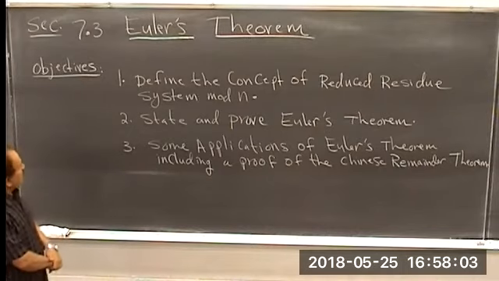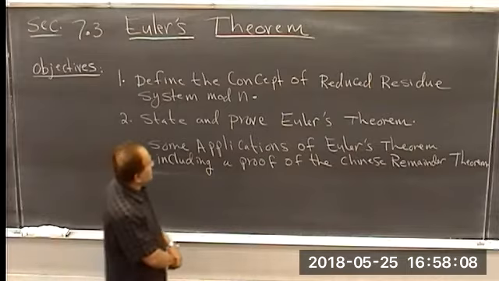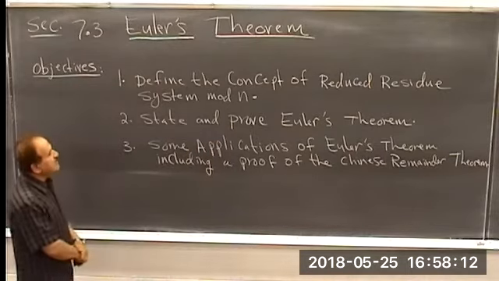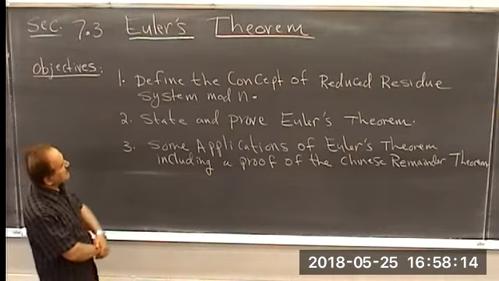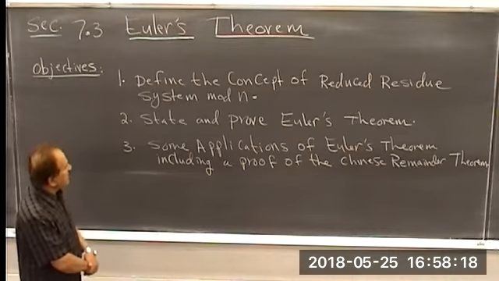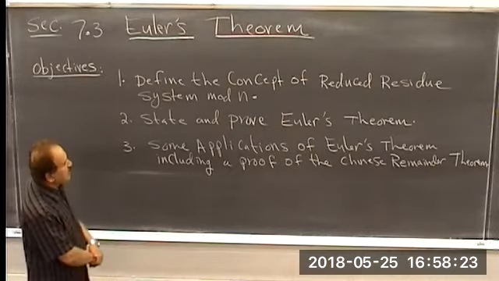The objectives of this section are: first, we're going to define the concept of what is called a reduced residue system mod N. And this concept we will need to give a self-contained proof of Euler's theorem. And then we're going to follow that by stating and proving Euler's theorem.